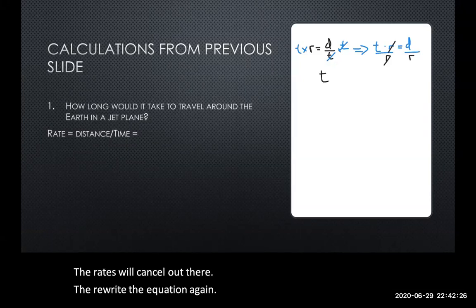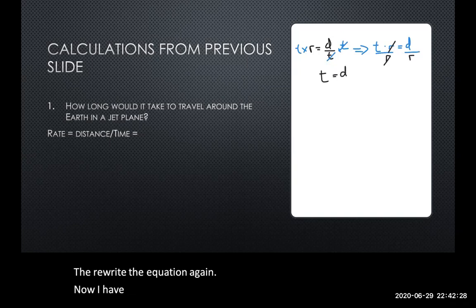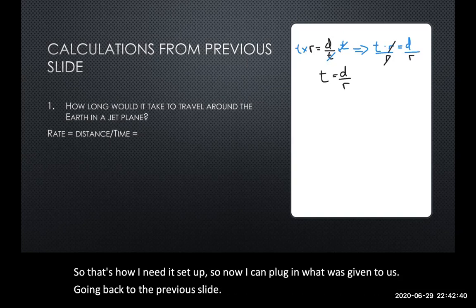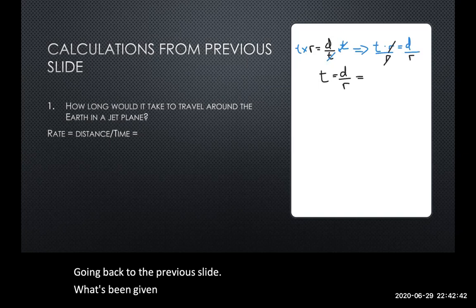Now I have time equals distance over rate. So that's how I need it set up. Now I can plug in what was given to us. Going back to the previous slide, what's been given is a distance of 40,000 kilometers.